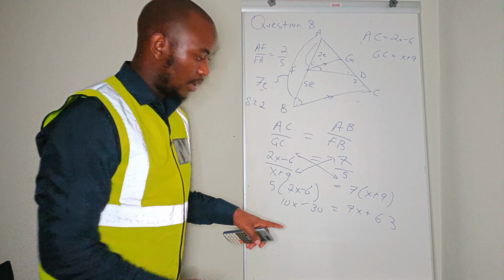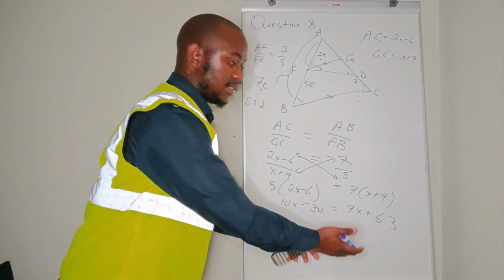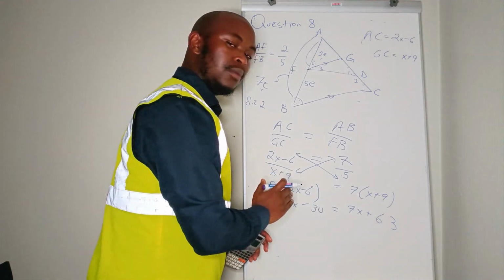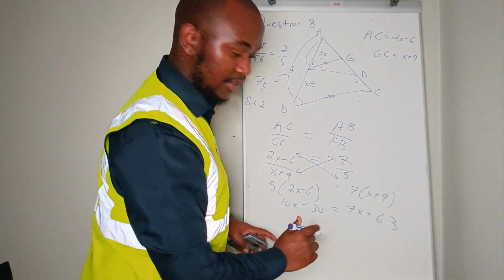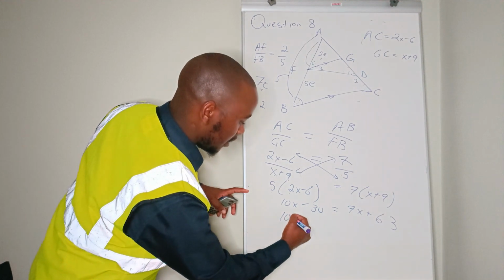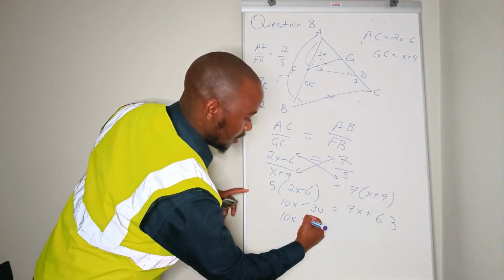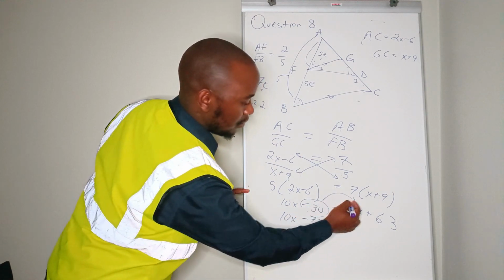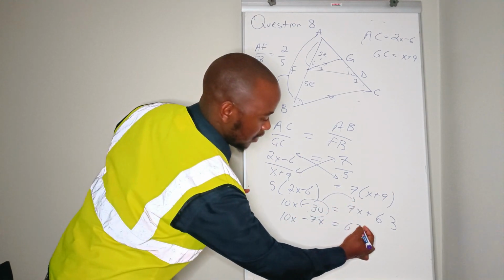So we want to solve for x, so we take all x's to the left hand side, and then all numbers we take them to the right hand side. So this is going to be 10x. When 7x comes this side, it's going to be minus 7x. We take this negative 30, we send it to that side, it's going to be a positive 30.